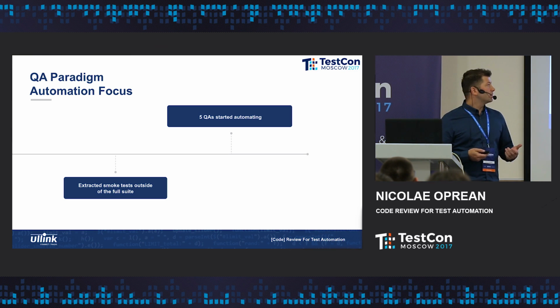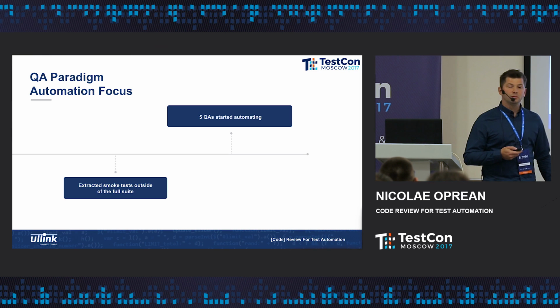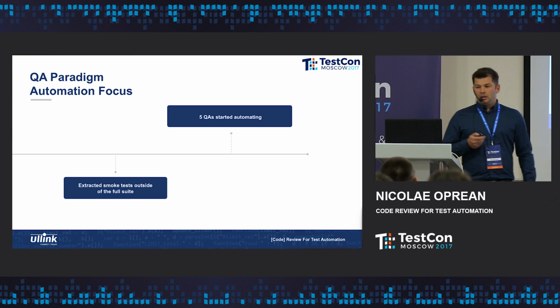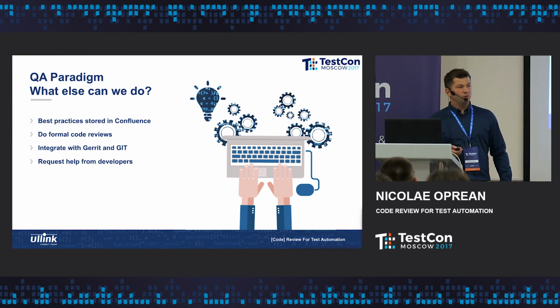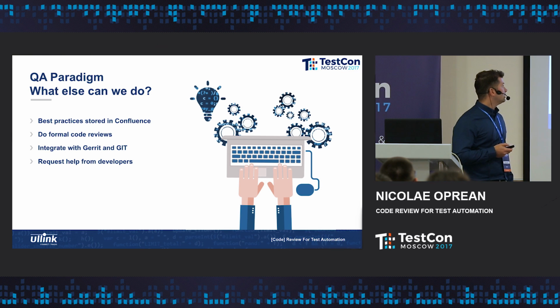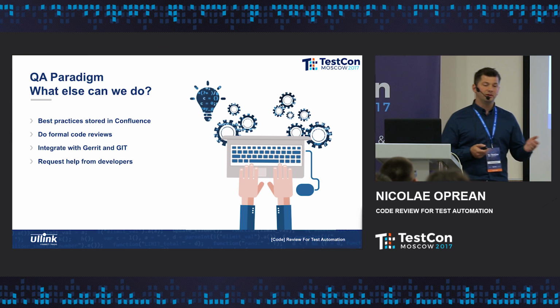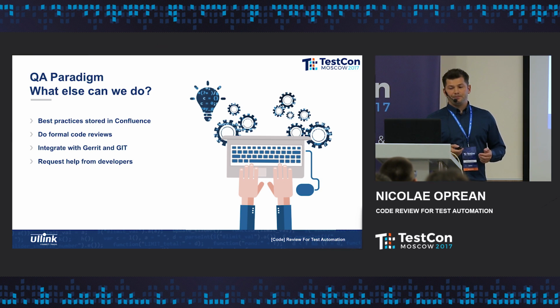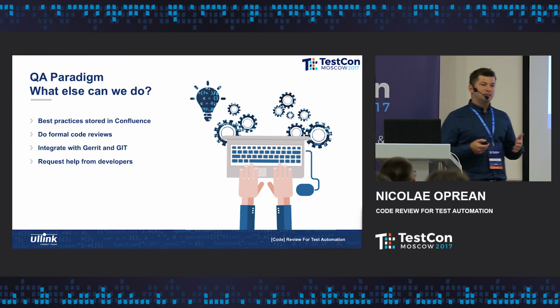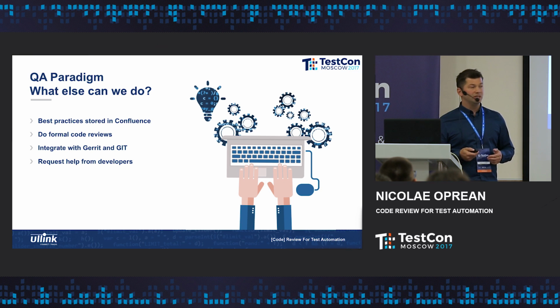And then we were thinking, what else could we do to improve this? We said we should start documenting a set of best practices inside Confluence, developed by Atlassian. But this led to nobody being there to supervise adherence to the guidelines. So we decided to do formal code review.